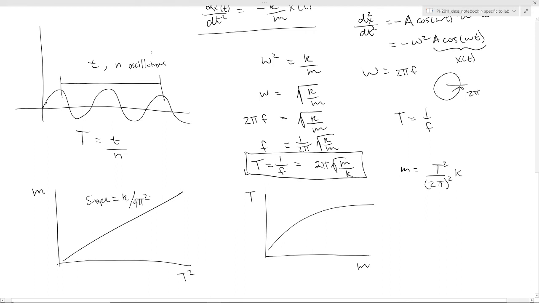And you can extract the slope by fitting a trend line and pull out k. So in that situation, k will equal the slope, I'll just write the word slope here, times 4 pi squared. And you could also get the delta k from this.